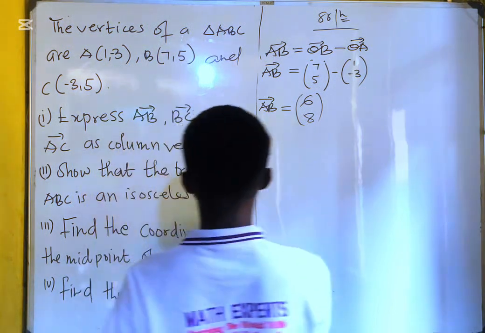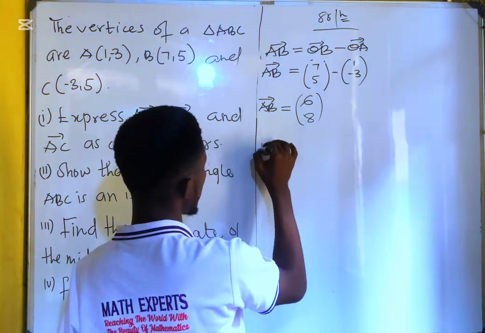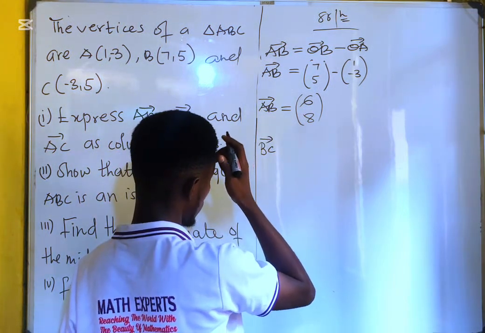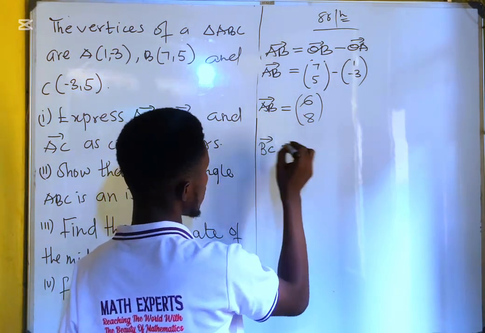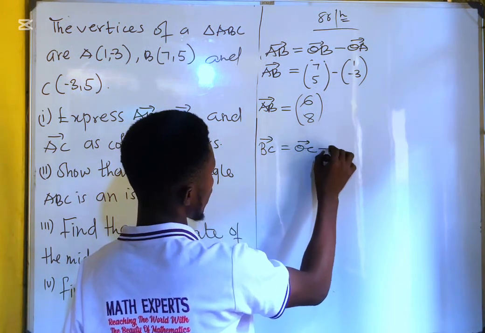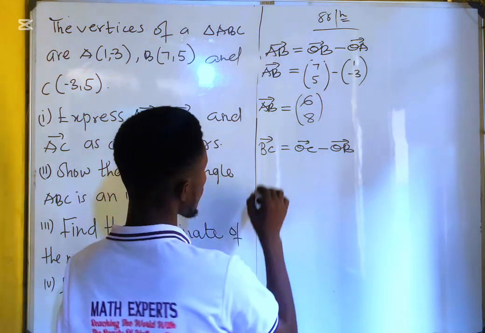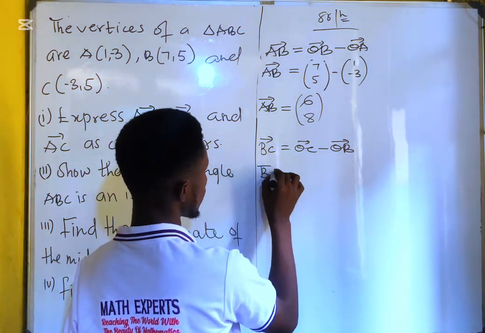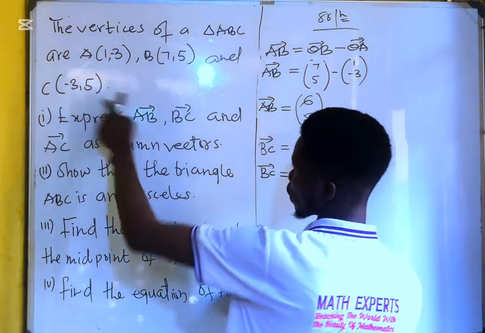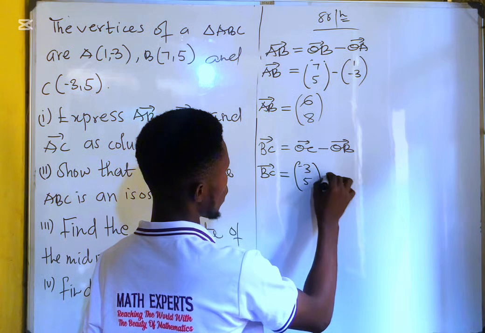Then we move to BC. So BC, we are going to have OC minus OB. Is that okay? So BC, OC, from here our C is (-3, 5).